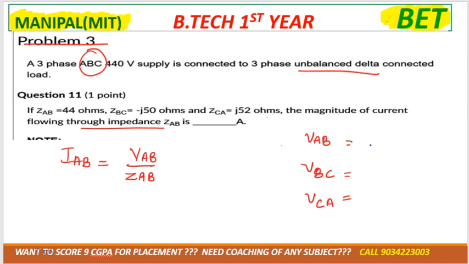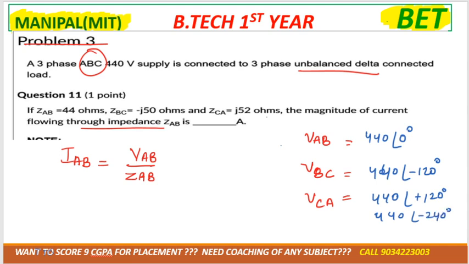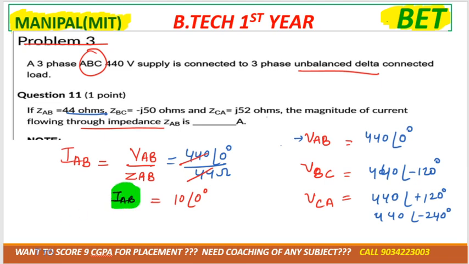The voltage is 440 angle 0 degree, then 440 angle minus 120 degree, then 440 angle plus 120 degree, or we can say 440 angle minus 240 degree. So VAB is 440 angle 0 degree. ZAB is given, that is 44 ohm. We can get the current easily, right? So it would be 10 ampere angle 0 degree. This is the value for IAB. Got it?